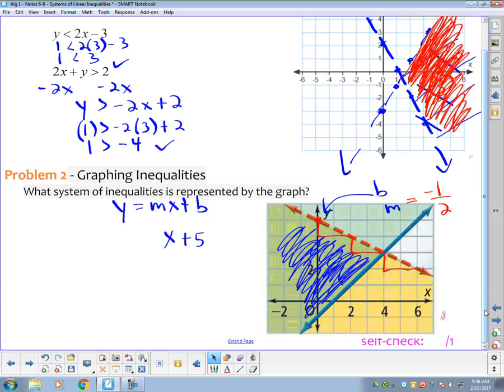So I can go ahead and put negative 1 over 2 in for my m. Now, I'm not going to have an equal sign there. What does the dashed line mean here? What kind of symbol do I have? Is this a less than or a greater than? Or is it a less than or equal to or a greater than or equal to?